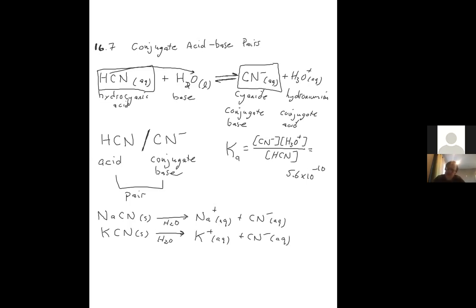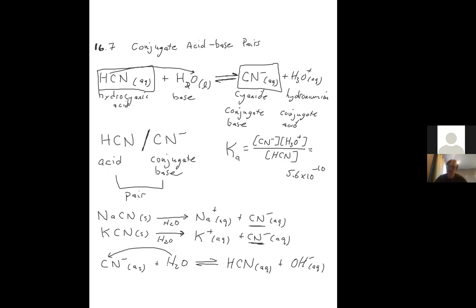Now, what happens when you put those salts into water? Well, it turns out the cyanide ion will behave like a base. So the cyanide ion in either case will react with water and act like a base. It'll take an H plus. The water will transfer a proton to the cyanide ion to give you HCN and OH minus, right? Does that make sense?